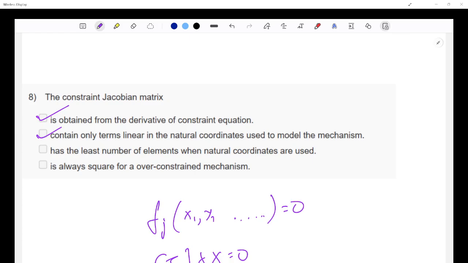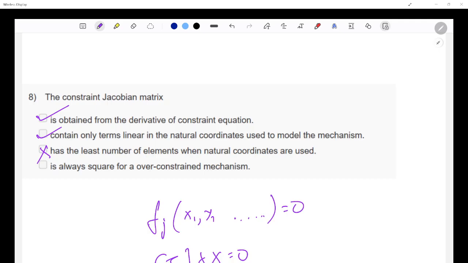The other option is has the least number of elements when natural coordinates are used. Wrong, because natural coordinates use more variables. So the Jacobian becomes larger and does not become smaller. If there are least variables, it's in relative coordinates and not in natural. So this is wrong.